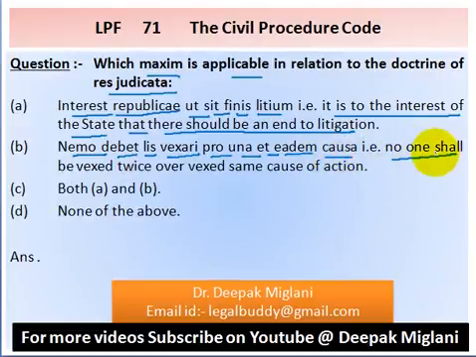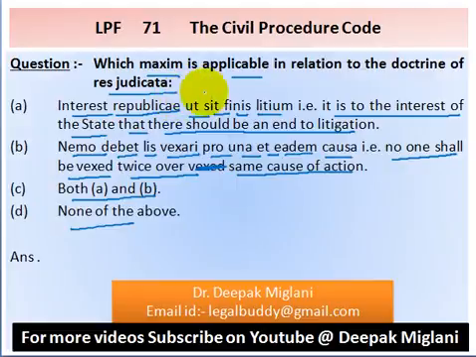That is, no one shall be vexed twice over the same cause of action. Option C, both A and B. Option D, none of the above. Both these maxims, interest reipublicae ut sit finis litium and nemo debet bis vexari pro una et eadem causa, are applicable in relation to the doctrine of res judicata. So answer is option C. C is the answer.